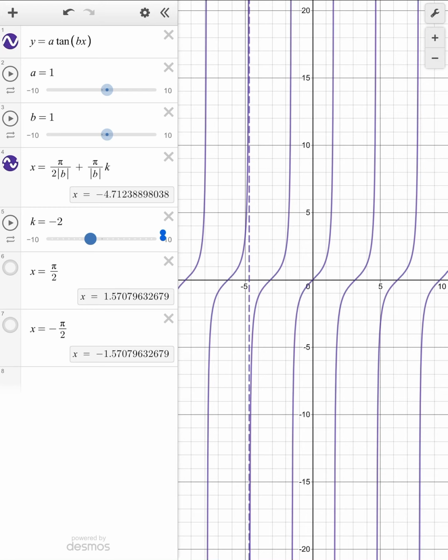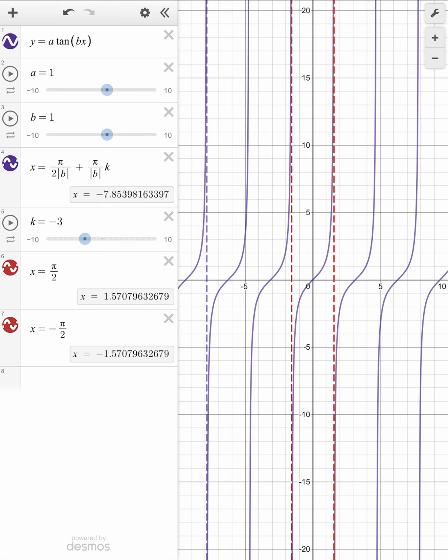And see that everywhere there's an asymptote, the function's undefined. Right? We have a place where we're trying to divide by 0 there. Okay, but let's look at one period of this graph. In between these two dotted red lines, that's one full period of this graph. And then after that, everything just repeats over and over.